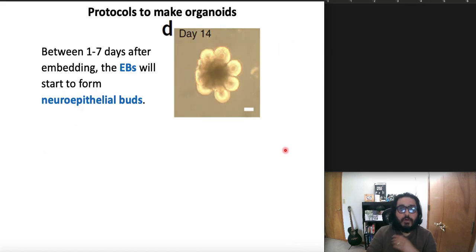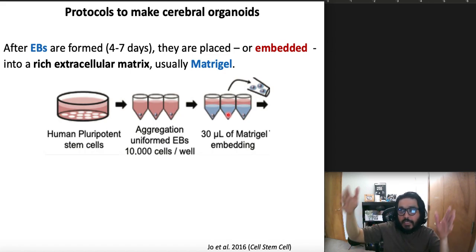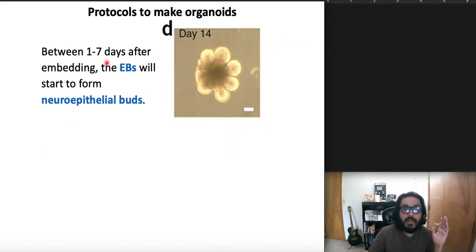Okay, so when looking at cerebral organoids, after you've embedded it in here, right, now we can do another count. So once embedding starts, we can say this is maybe the next day 0, and see how many days after that things occur. So if we then say 7 days after that, we should start to see what are called neuroepithelial buds appearing from the embryoid body.